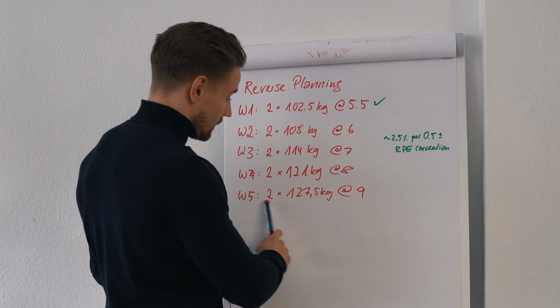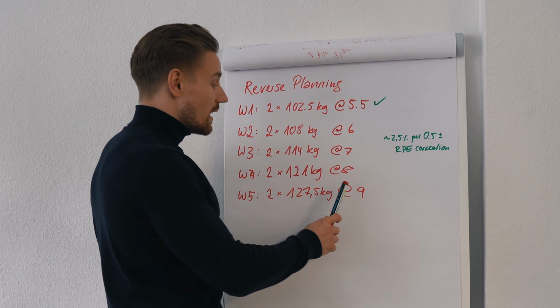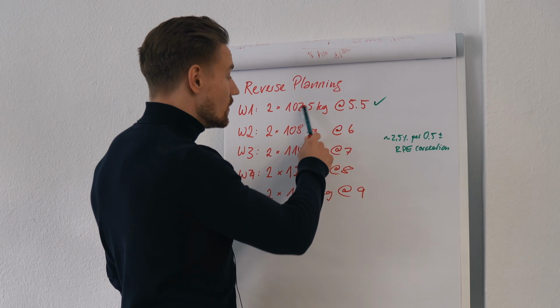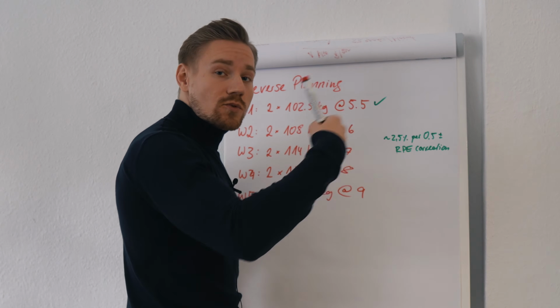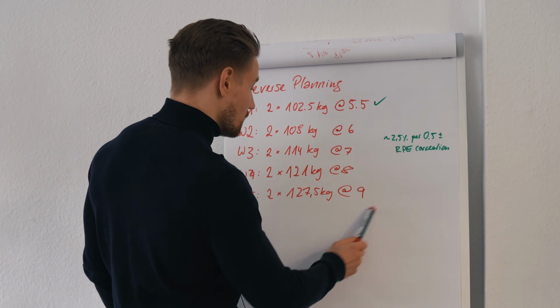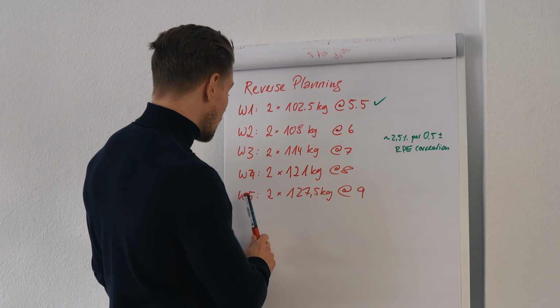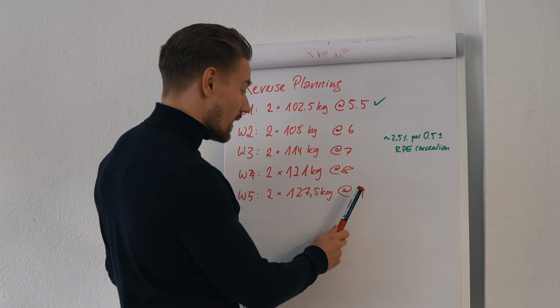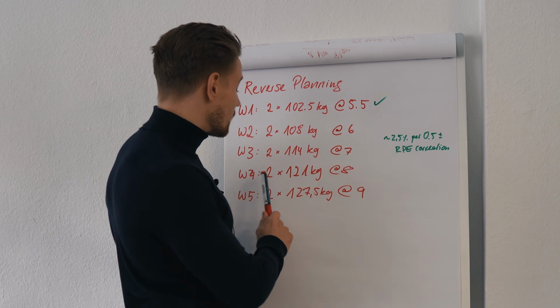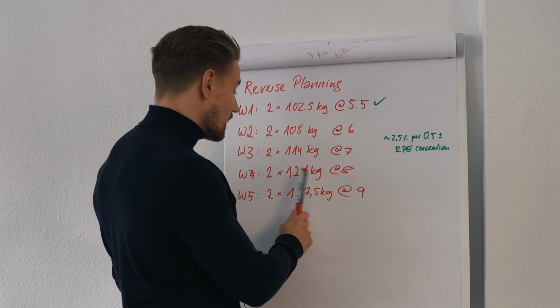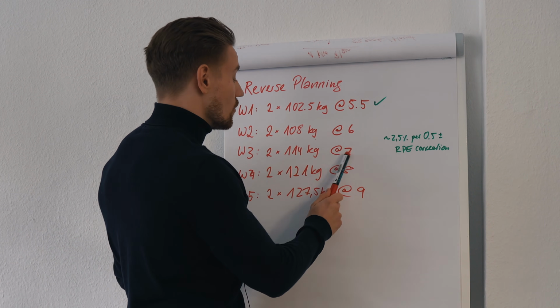Looking at that, I then calculated the values I need to hit for a double each week to make this possible. To get 127.5 at 9 in week 5, I used the King of Weighted calculator: a 121 double at an 8 the week before.